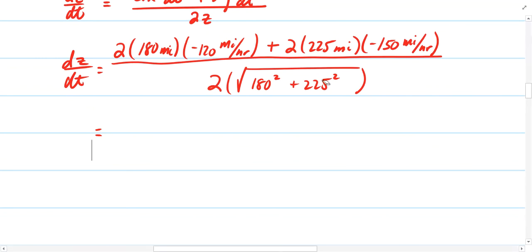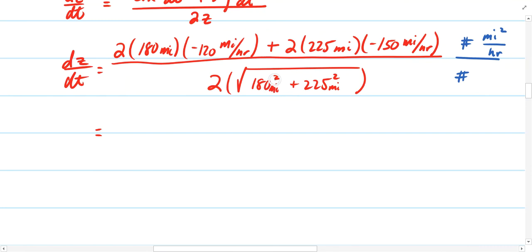Now I should be a little bit more careful with my units here. We've got miles and miles as our unit down below. So as I simplify the expression on the top, I'm going to end up with some number, and in the bottom I'll end up with some number, but the unit in the top, well, miles times miles per hour is miles squared per hour, and this one is also miles squared per hour, and when I add together those two types of unit, I get miles squared per hour in the numerator.